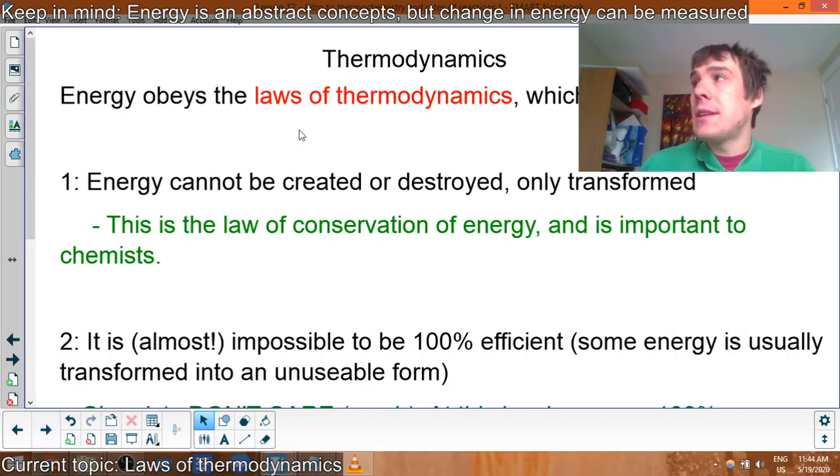Here are the laws of thermodynamics, in simple terms. They're not in order either. The first law is energy cannot be created or destroyed, it's only transformed into different forms. This is very important for us. We're going to assume perfect transformation, of chemical to thermal, thermal back to chemical.